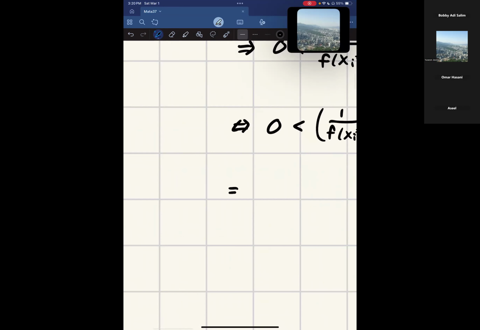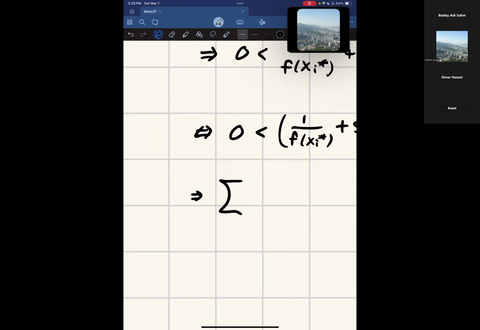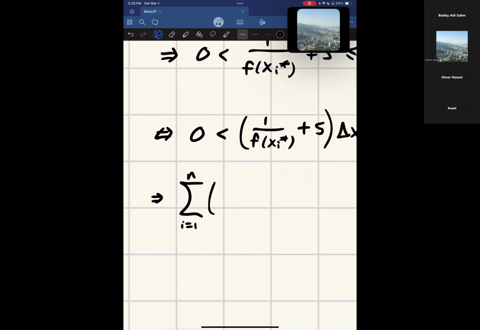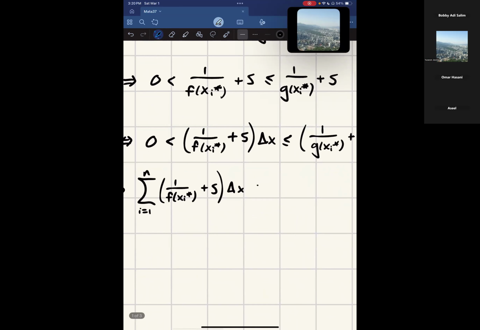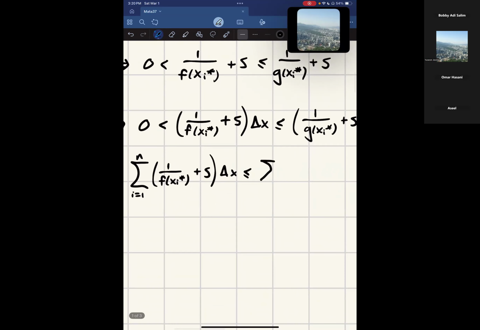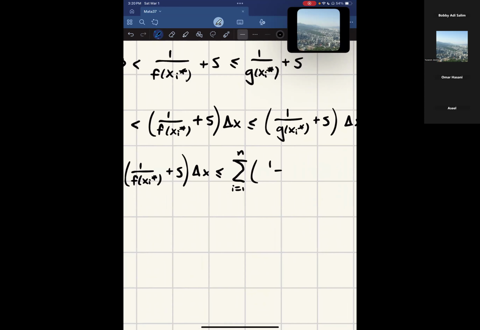So we're now going to say this implies that the sum from i equals 1 to n of 1 over f of xi star plus 5 times delta x is less than or equal to the sum from i equals 1 to n of 1 over g of xi star plus 5 times delta x.